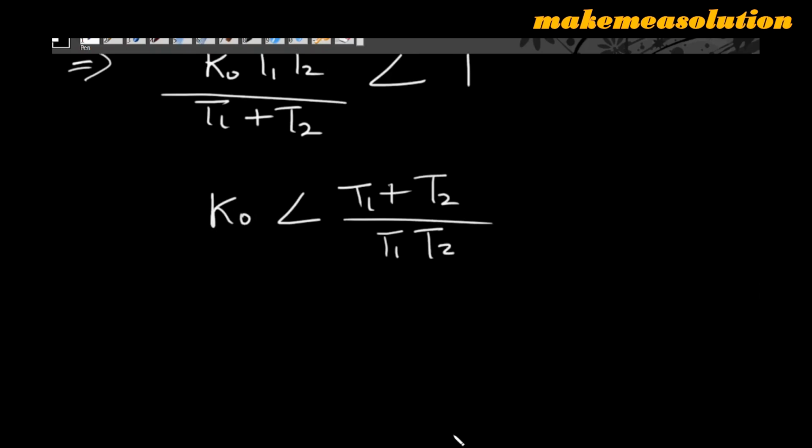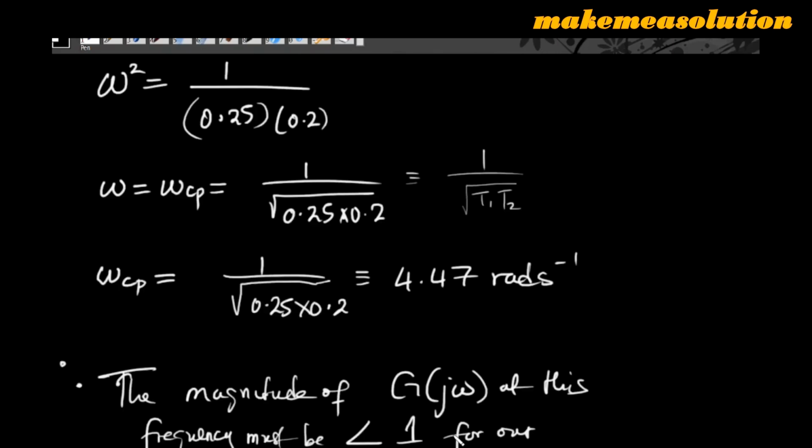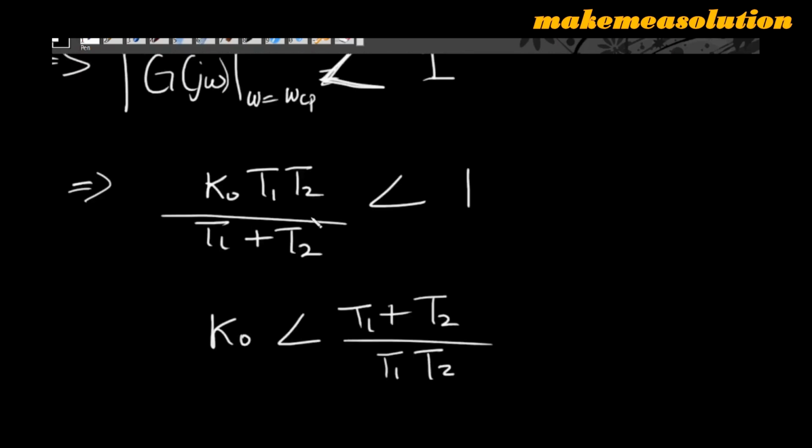Now, if you are in a very, very tight corner in an exam situation, sometimes you might not even need to calculate the WCP. If you know this formula for finding this gain, anytime you are solving this kind of question, you can just make this assumption that for our system to be stable, the value of K in our G of s equal to, that's the general standard time constant form, K over s times (1 plus T1 s) times (1 plus T2 s).